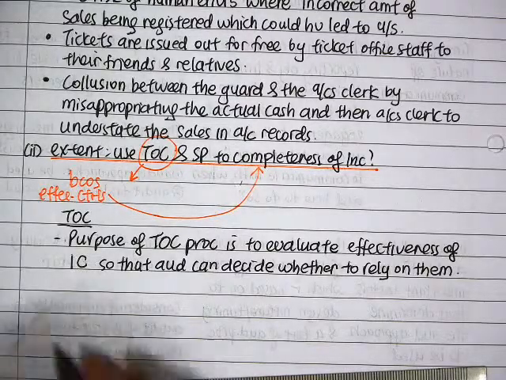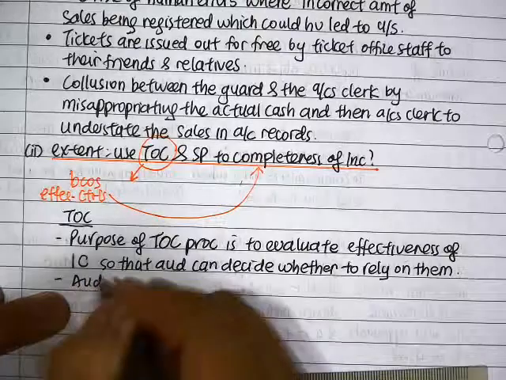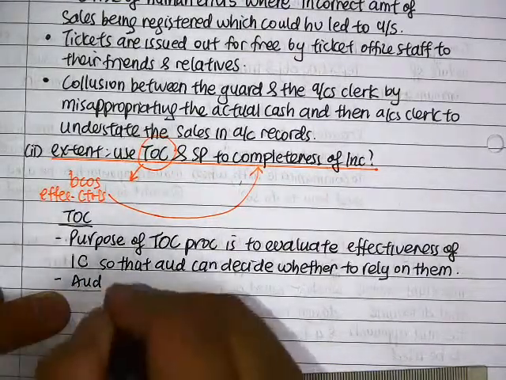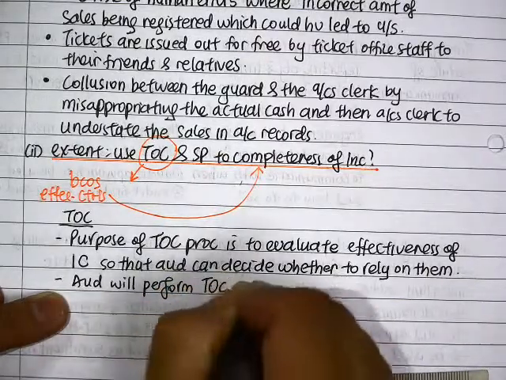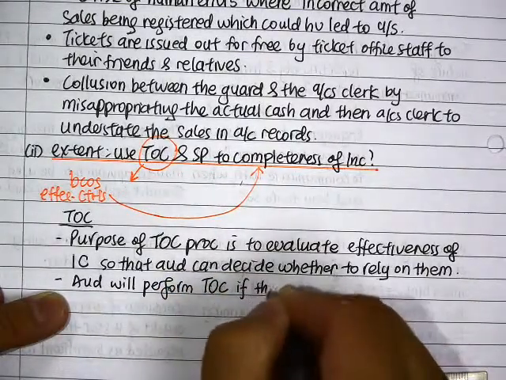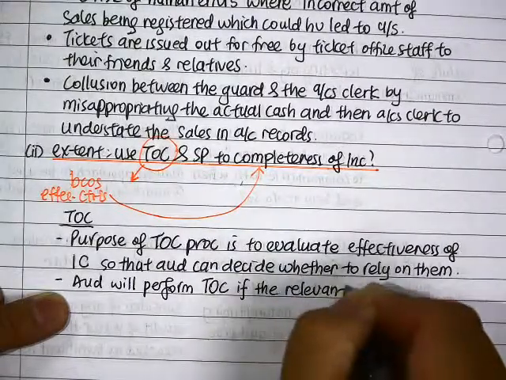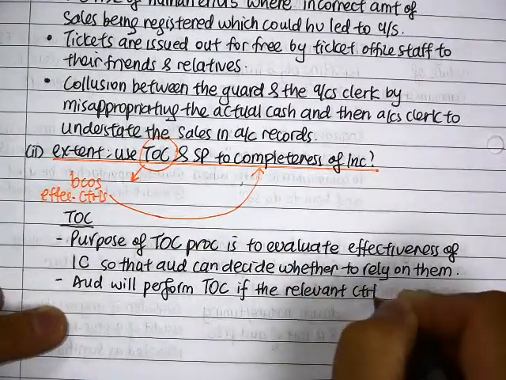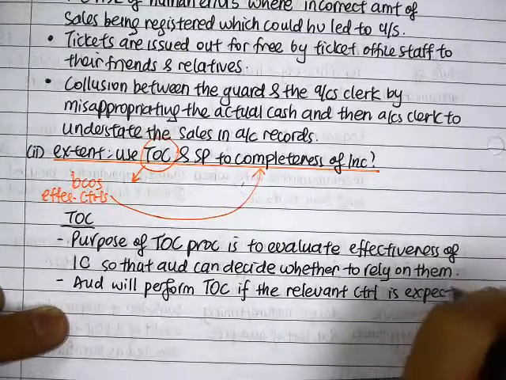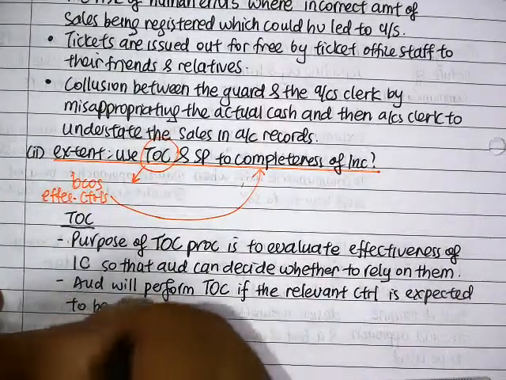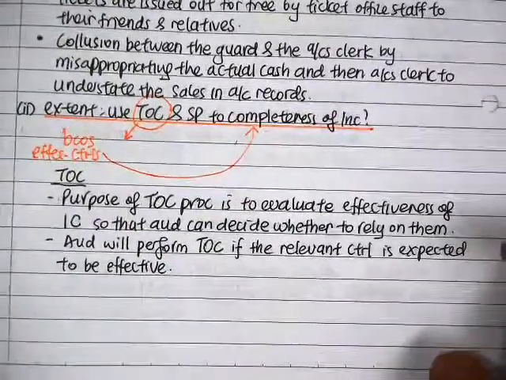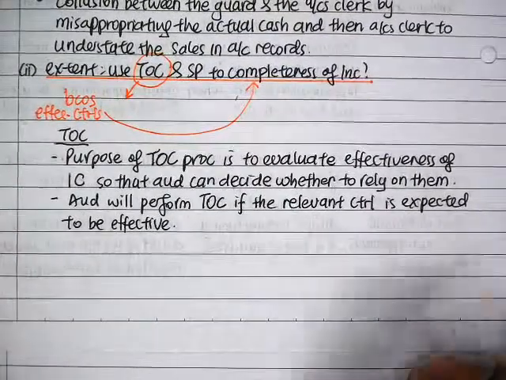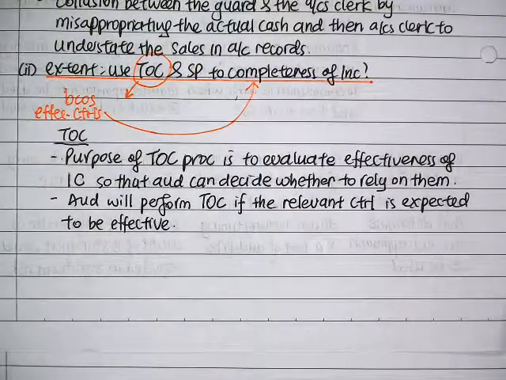Okay, now we know that the auditor will perform TOC if the relevant control is expected to be effective. That's what we're going to see here. Okay, you expect control to be effective.